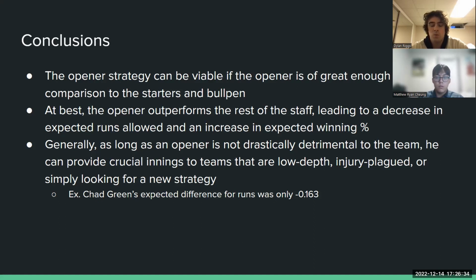For example, when using Chad Green in this scenario, the expected difference for runs was only 0.163. So while it's not many runs, it is slightly worse, but it may be better than what could have happened if you were calling up, say, a minor leaguer for a spot start in that scenario against the top of the lineup for the first few innings.